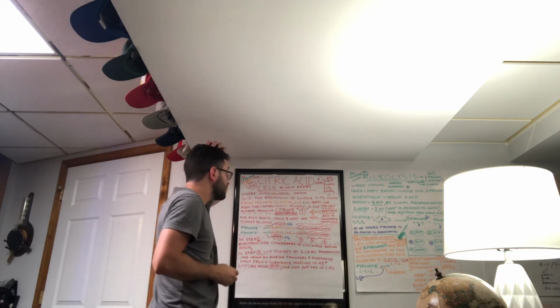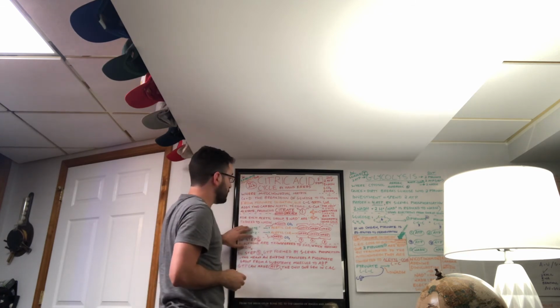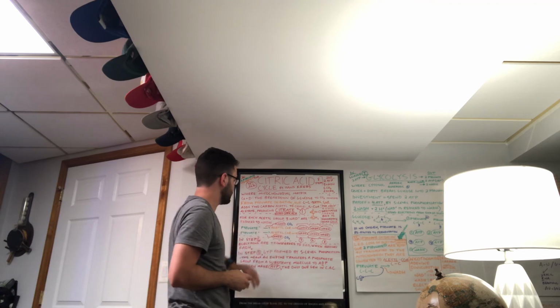There you go. And it's multiplied by 2. Why? Because you have 2 pyruvates, 2 acetyl-CoAs. All right? That's where your ATP is coming from. Step 5.